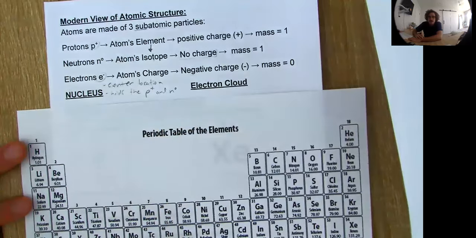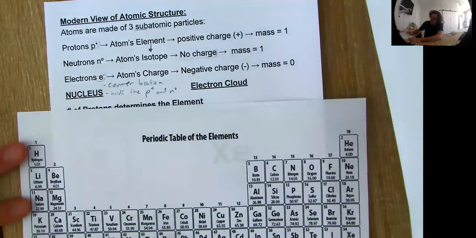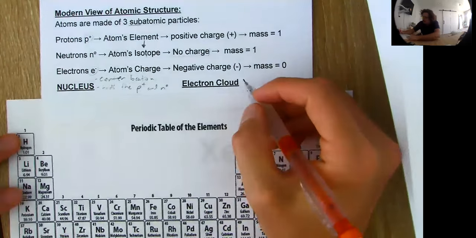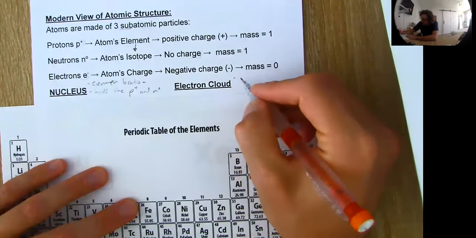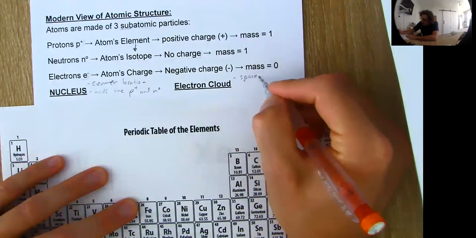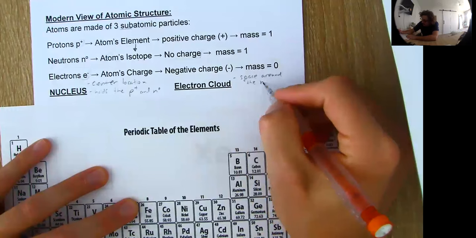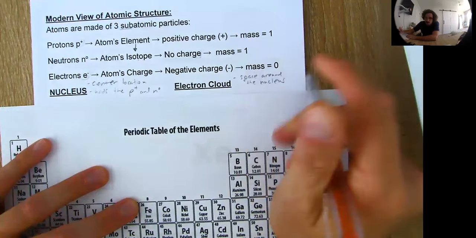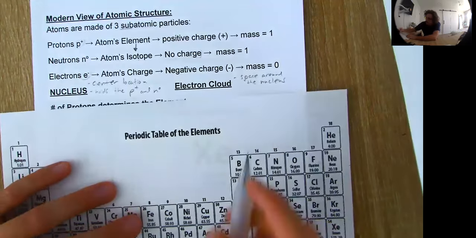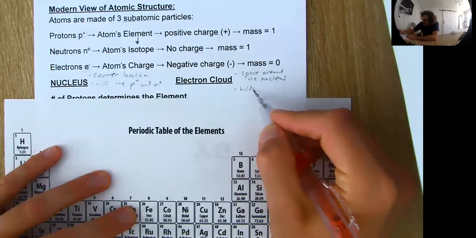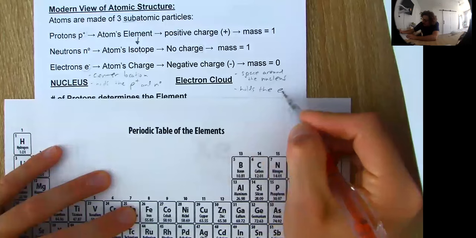So see, I'm using those symbols right away. The electron cloud is the space around the nucleus. In the electron cloud, if you would guess, it holds the electrons.